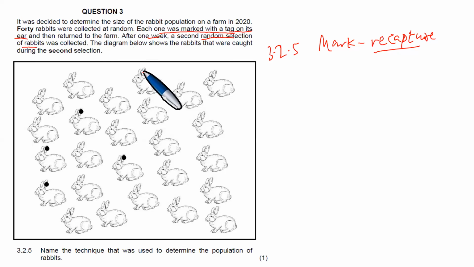After 1 week, a second random selection of rabbits was collected. The diagram shows the rabbits caught during the selection. We need to determine the technique used to determine the population of the rabbits. We have answered that one.